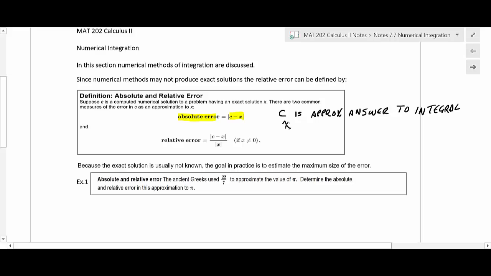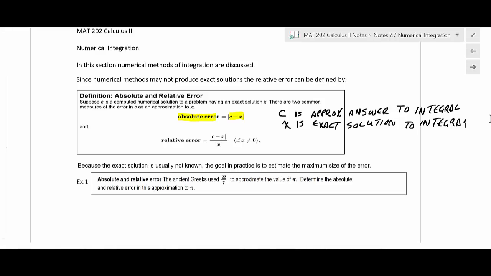And then X is the exact answer, the exact solution to the integral, like that. You might write that down, because all you're doing is comparing the exact answer, when you can find it, to the approximate, like that, and then you'll have some sort of an error. The idea when you do numerical integration is to try to minimize those errors as we can.